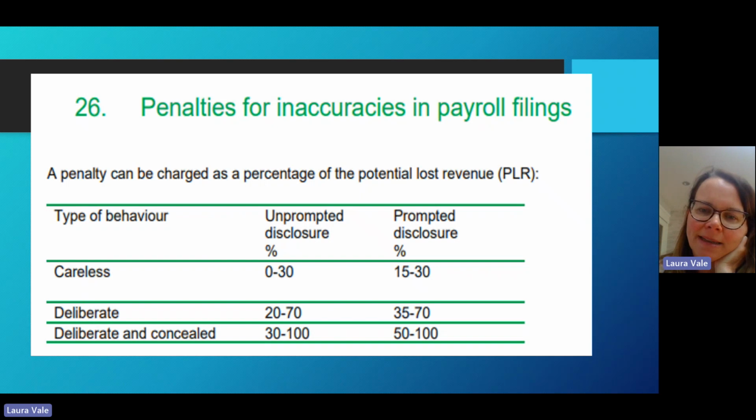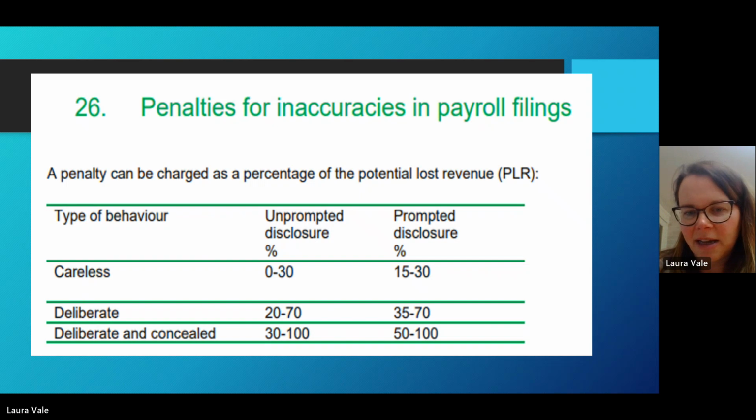And then it also matters whether it was an unprompted or a prompted disclosure. So unprompted simply means that the employer goes to HMRC and tells them about the problem. Prompted, as you can see, higher percentage penalties, means that HMRC were onto you and asking questions.